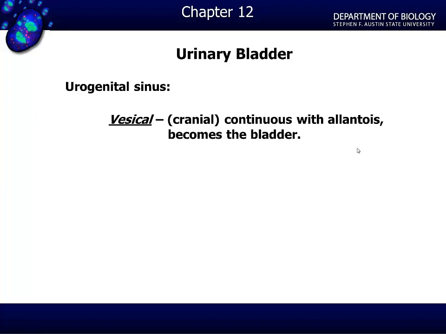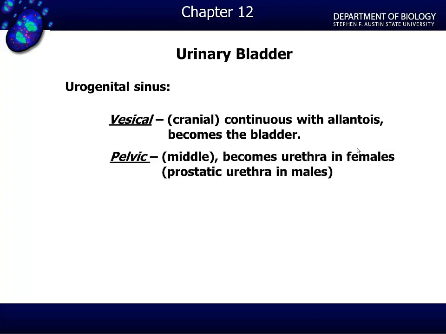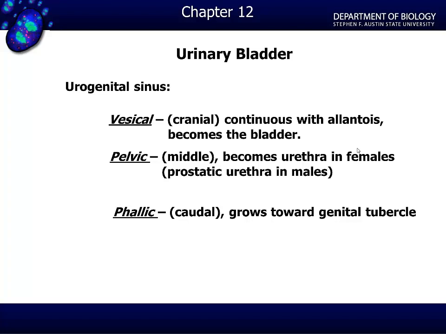Now we move our attention to the urinary bladder. The urinary bladder is going to form from a structure that's called the urogenital sinus, and we'll see a picture of that in just a moment. The urogenital sinus is going to consist of three portions. The cranialmost portion is going to be continuous with the allantois, so we're here in the foregut region. This vesicular portion is going to become the bladder. The middle portion is called the pelvic portion.